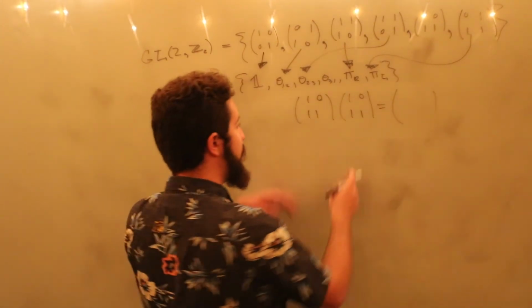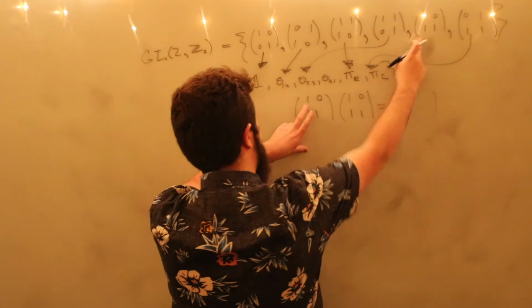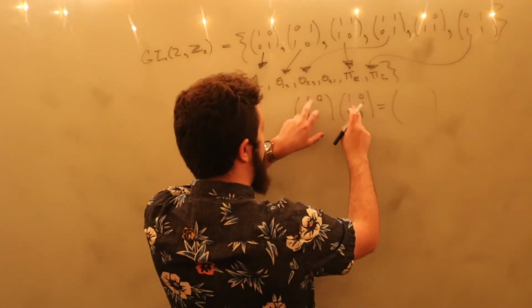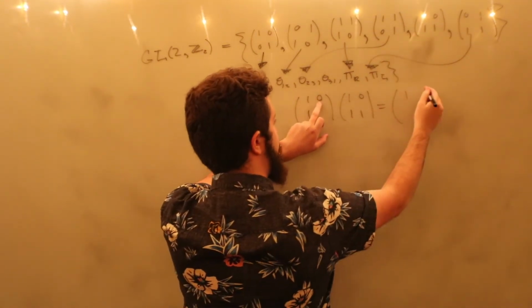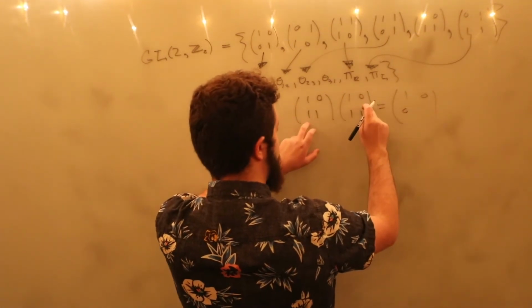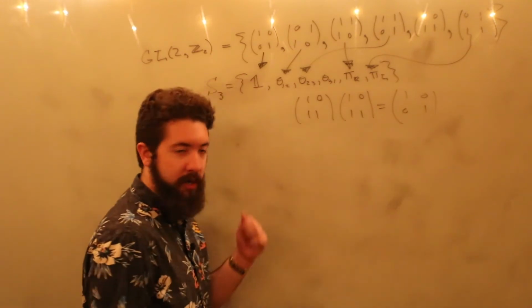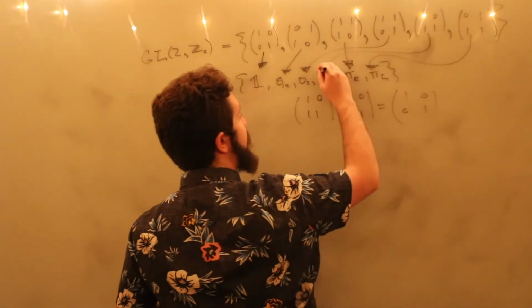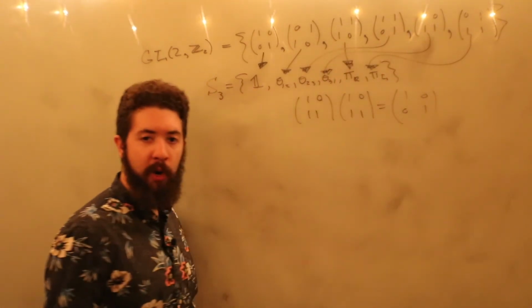Alright, and for the last one, we want to show that this squares to the identity, so 1 plus 0 is 1, 0 plus 0 is 0, 1 plus 1 is 0, and 0 plus 1 is 1. And it works. So we're going to map this element to sigma sub 3, 1.